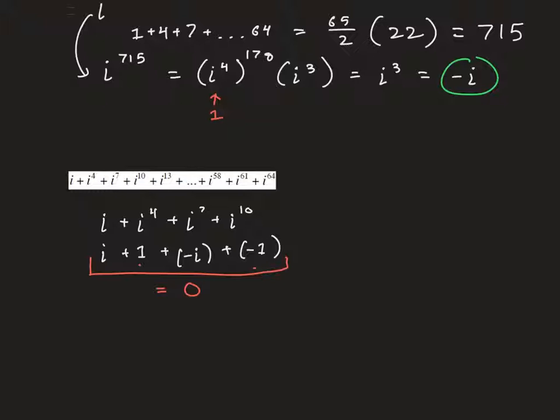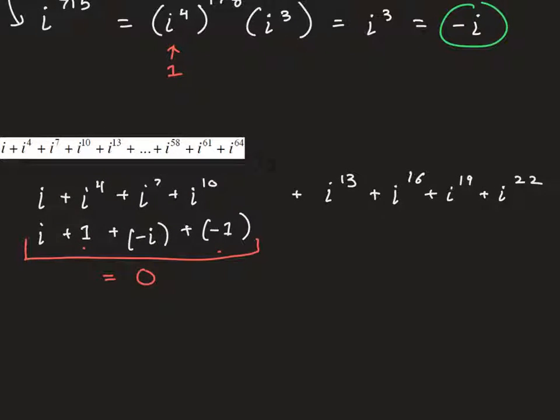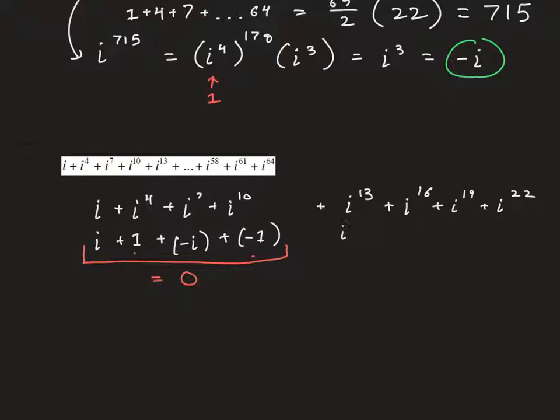Now let's look at the next set of terms. And this turns out also to be I plus 1 plus negative I plus negative 1.